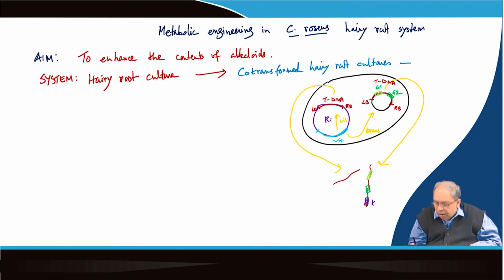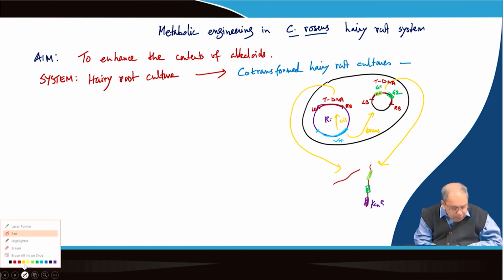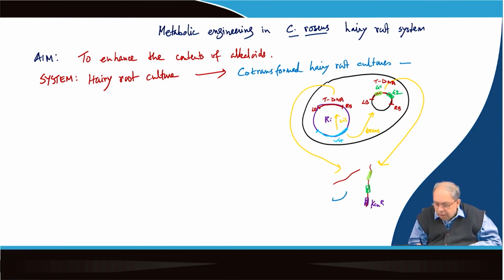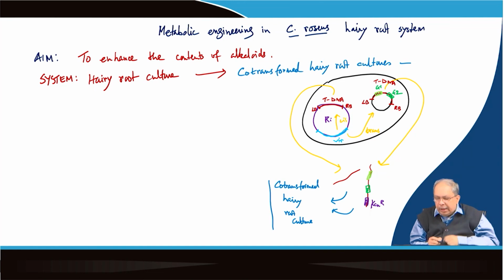So, maybe a kanamycin resistance marker is there, and that leads to selection, and so these two will integrate, and as a result of that what we are going to see is co-transformed hairy root culture, and this hairy root culture will express the genes like G1 and gene G2, and here it contains the ROL genes which is required for hairy root phenotype formation. Okay.